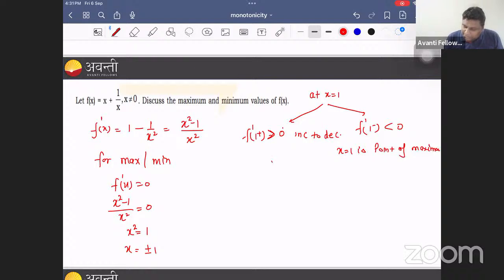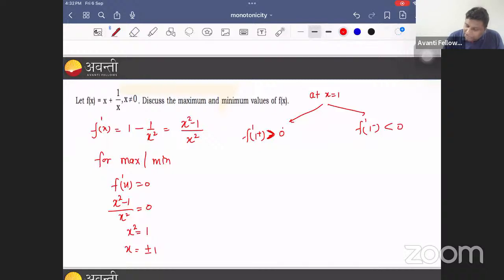Oh, no, I made a mistake. The derivative is (x square minus 1) upon x square. To the right, the function is increasing.